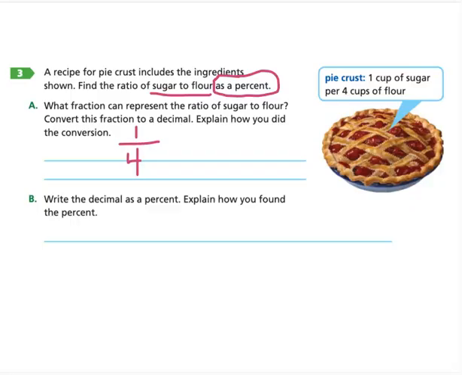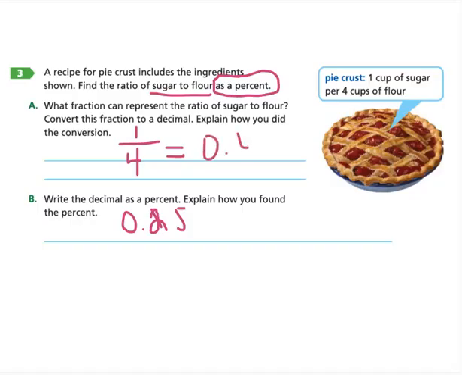They want us to write that as a decimal. What is 1/4 out of 4/4? Well, that is 25 cents. Which I forgot to do up here.